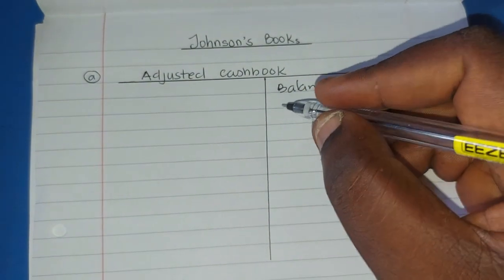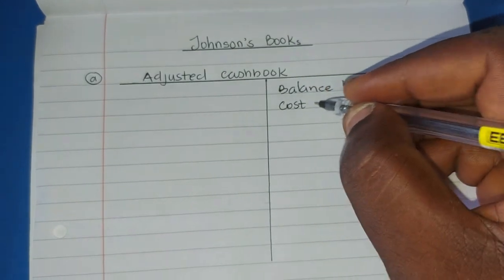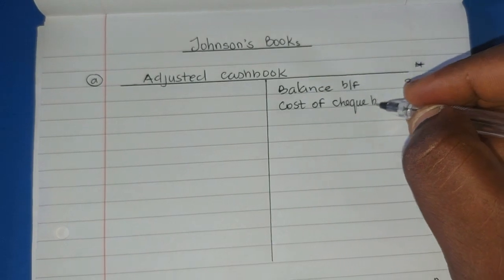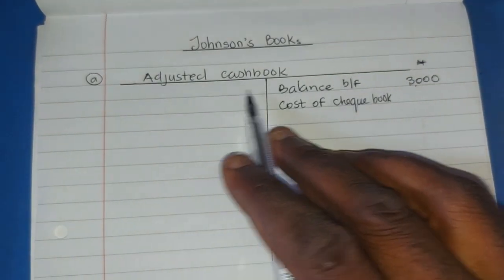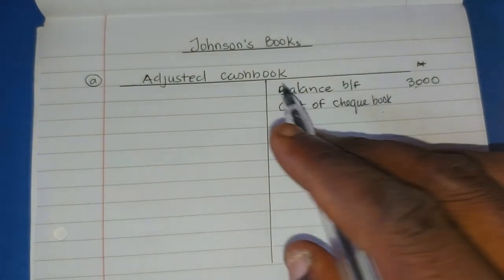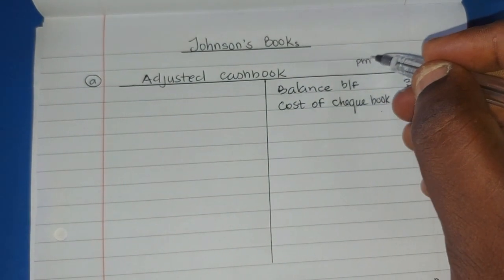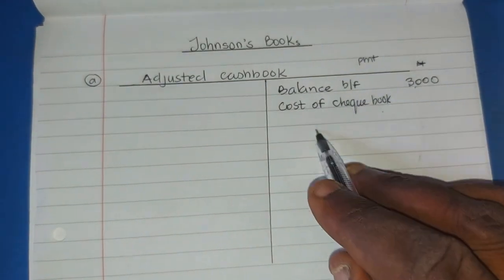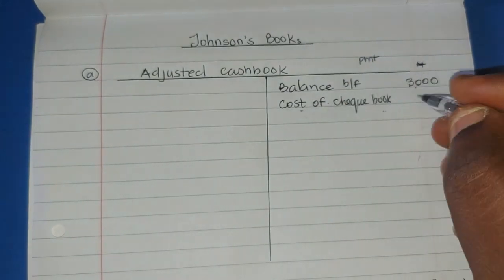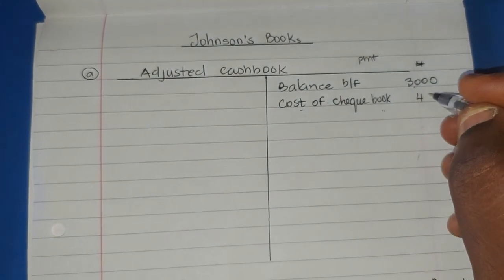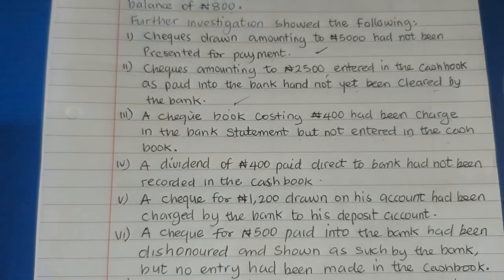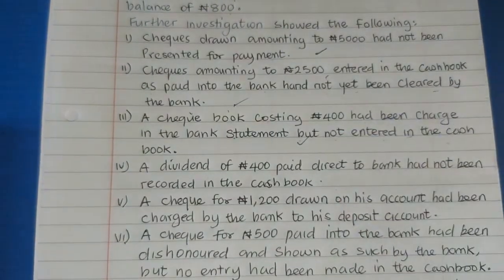You write cost of checkbook. Ordinarily, when you make payments, this is the payment side of the cash book, so you will credit the cash book. So you just write cost of checkbook, which is 400 naira. All right, so you tick this, it has been done.